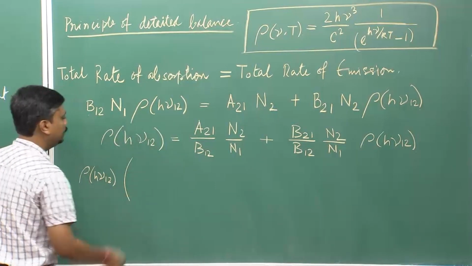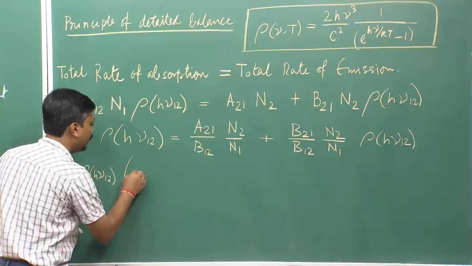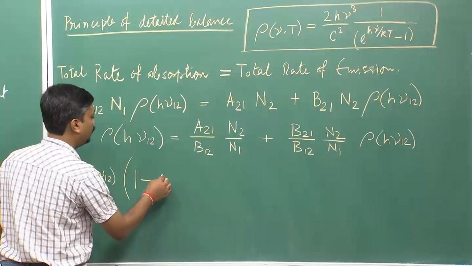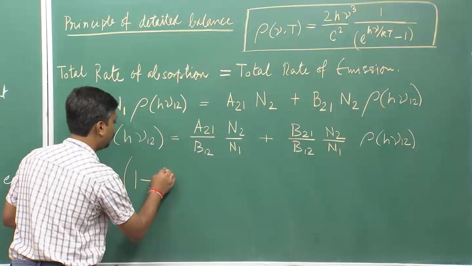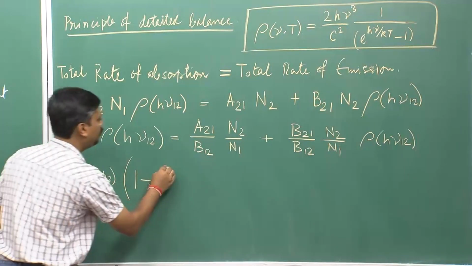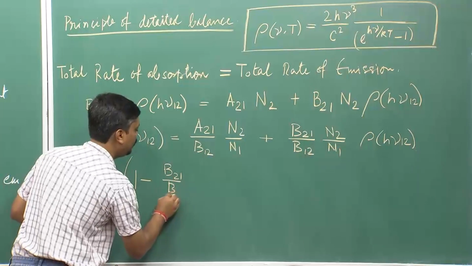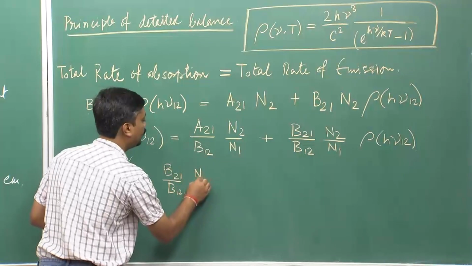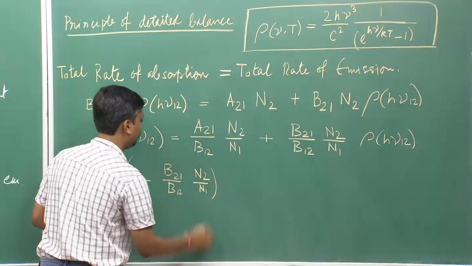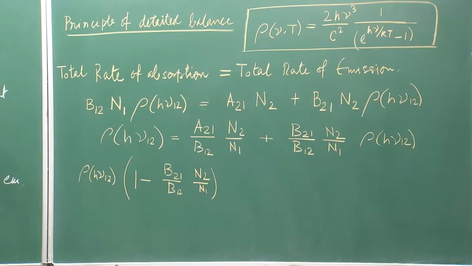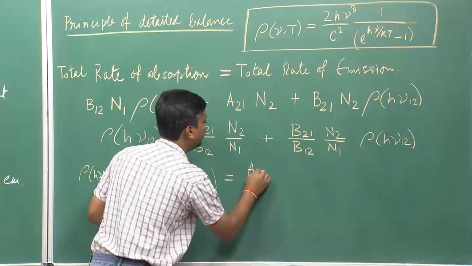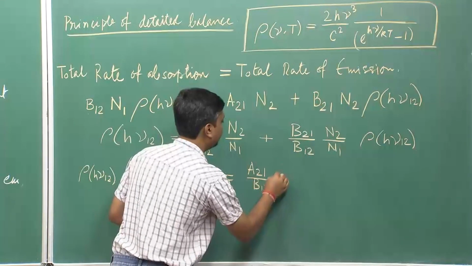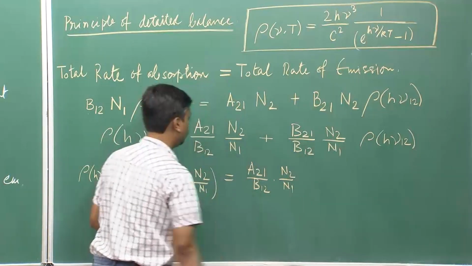If I just rearrange and simply jump a step, then I can write it as 1 minus B21 by B12 into this, and on the right side what we have, I have A21 by B12 multiplied by N2 by N1.